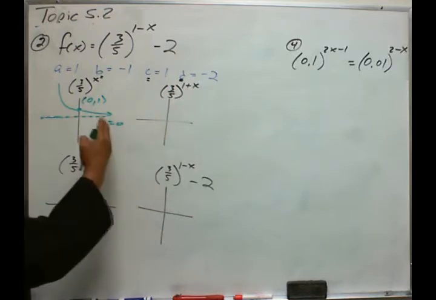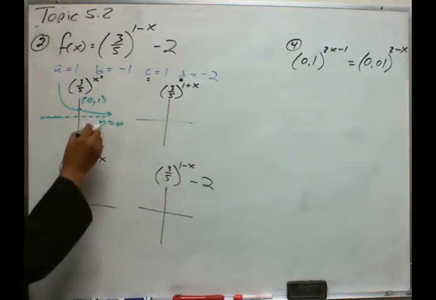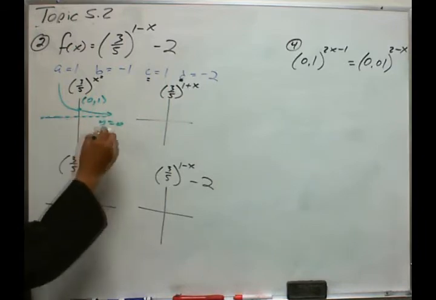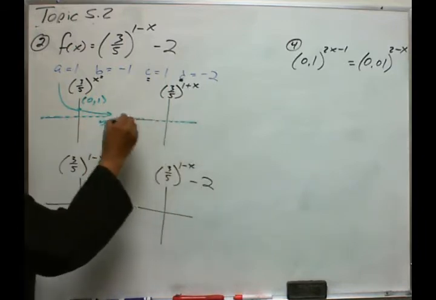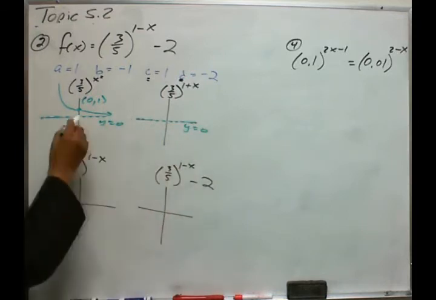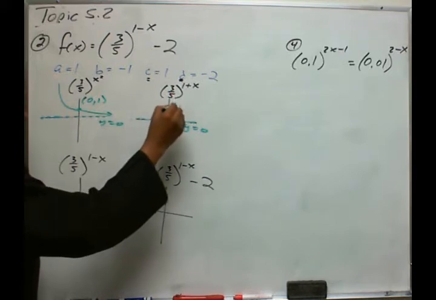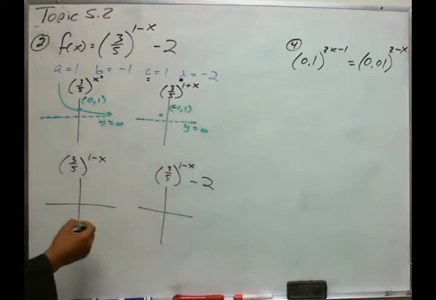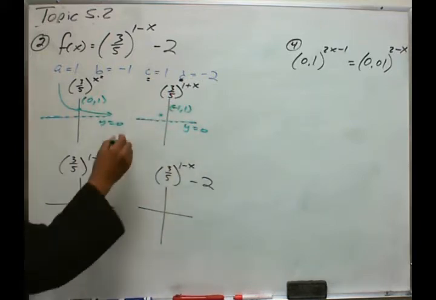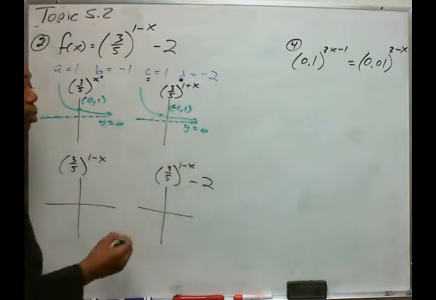This will move everything to the right one time. So, moving y equals 0 to the right one time still gives us the asymptote y equals 0. Moving our point 0, 1 over one time gives us the point 1, 1. The orientation of the graph is still the same. It's rapid to slow decay.